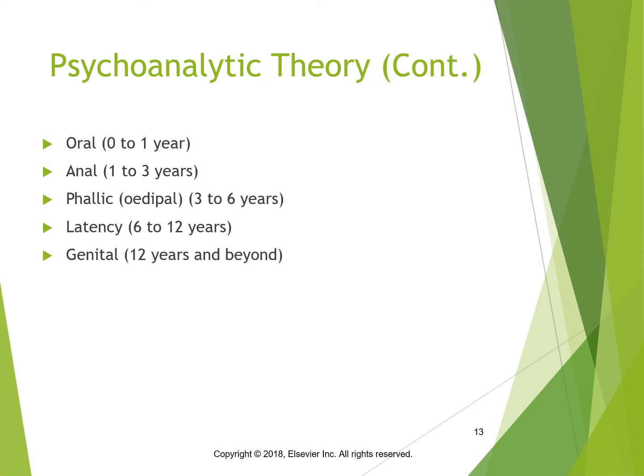The next phase was latency, 6 to 12 years. So he said the latency stage is usually from 6 to the puberty age. Here the person is developing relationships with friends, learning motor skills, and developing social skills.